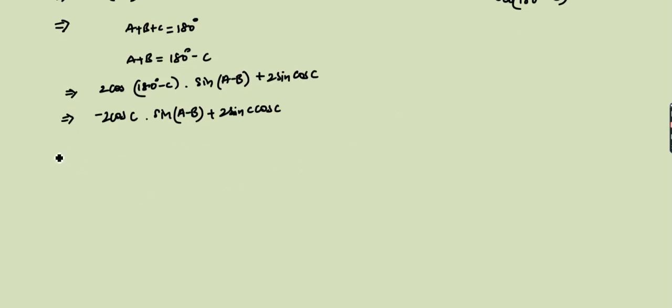So what I'll do, I'll write this one, 2 sin C cos C first, minus 2 cos C sin of A minus B. Now I'll take 2 cos C common.